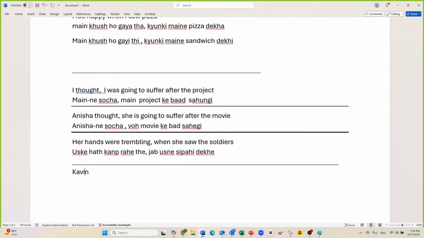Kavinav's hands were trembling when he saw Anand uncles.